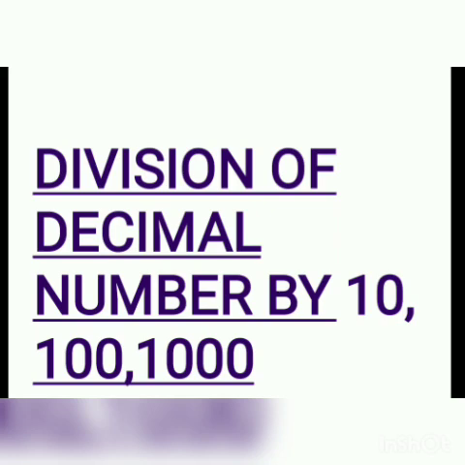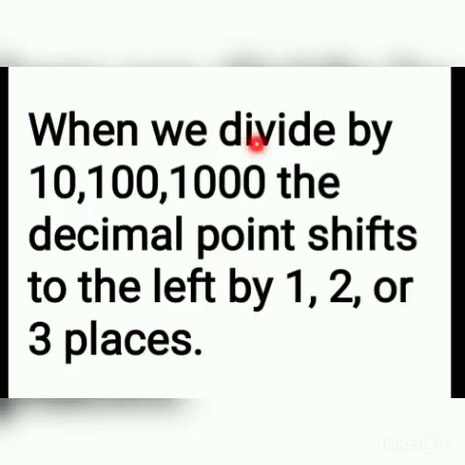In this way we can connect and study. When we divide a decimal number by 10, 100 or 1000, the decimal point shifts to the left by 1, 2 or 3 places. This depends on whether it is 10, 1 place, 100, 2 places, 1000, 3 places.